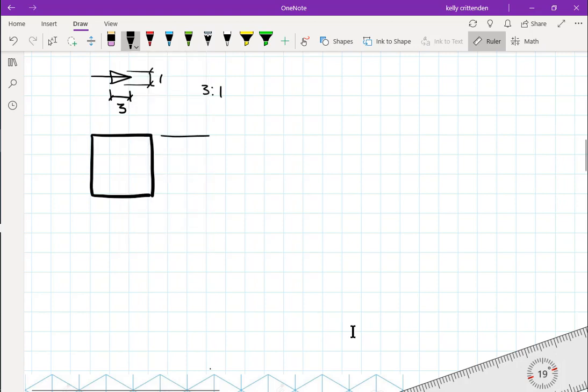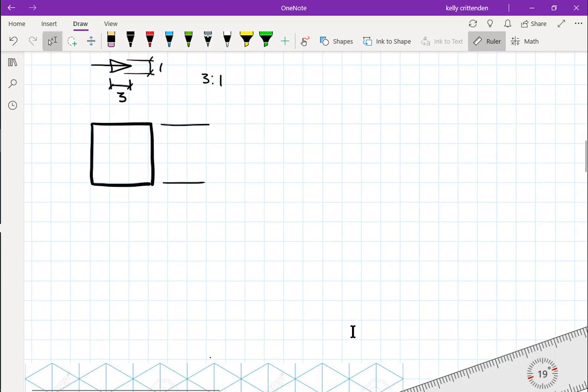There's a couple of things you would want to do. So there's our 3 to 1 arrowheads. One, the body lines, the lines that outline the figure, are generally going to be thicker than dimension lines.